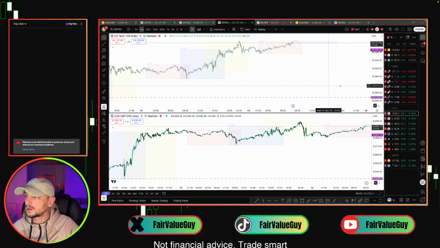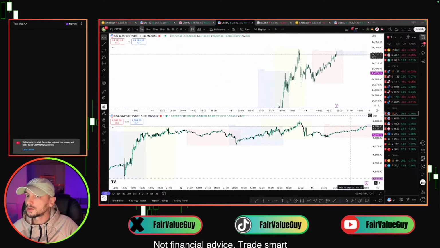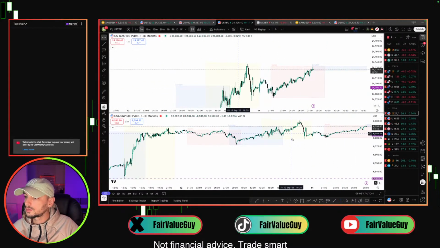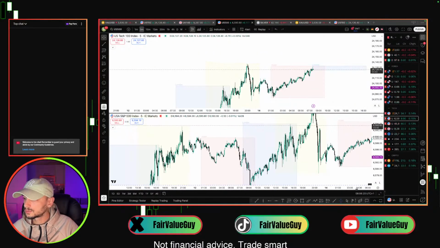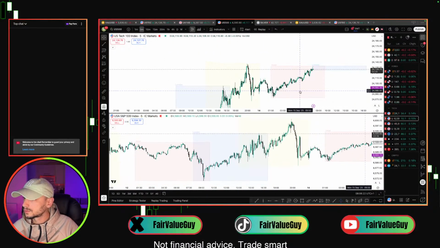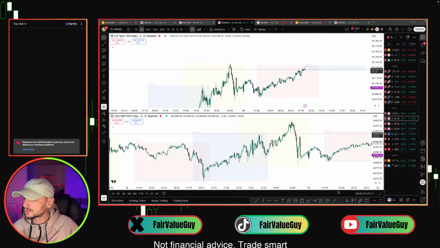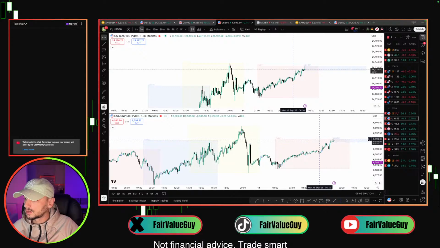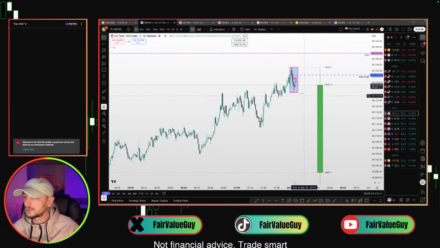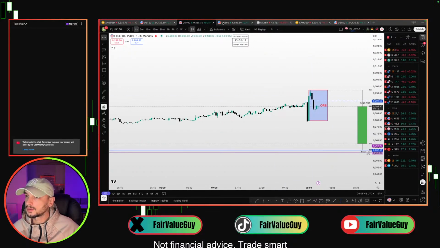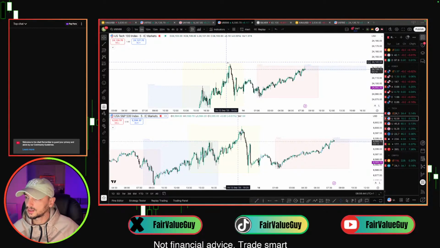Is there any SMT with the Asian highs? No. No SMT during the Asian session. Now I would go for a short because you can see here we might break below and we're in the top part of the wick, so we can catch this move here. But I wanted to see SMT with those highs.